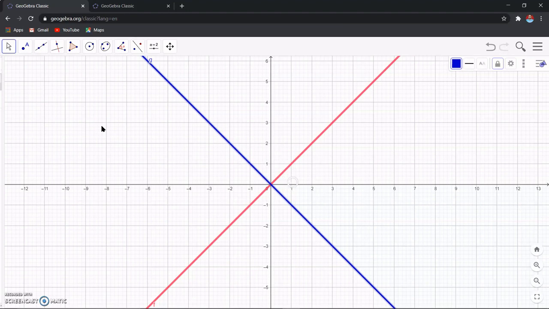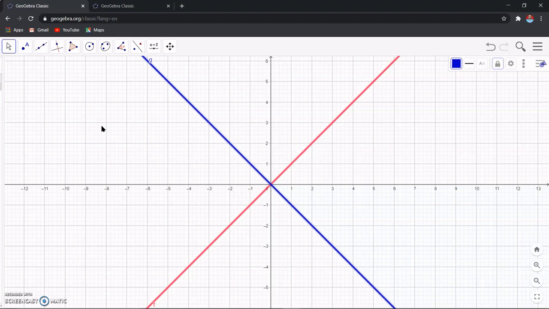Okay, so the maximum of the lines y is equal to x and y is equal to minus x at the point x equal to 1 is nothing but plus 1. And for each positive number, the maximum value will be on the red line. That means for each positive real number, I'm going to get this red line here in the first quadrant if I look at the maximum of both the functions, right?